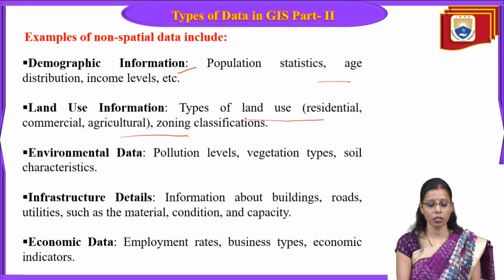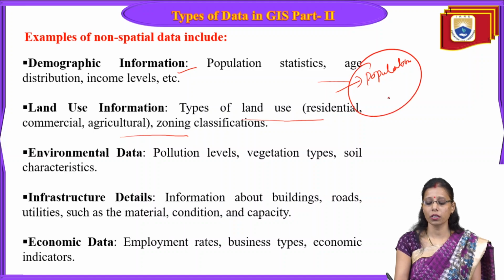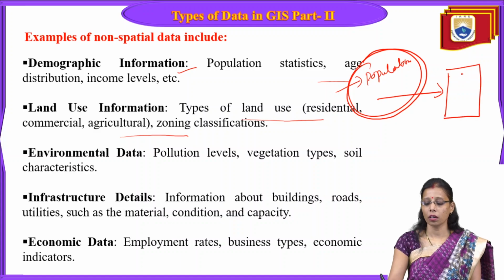So when we talk about demographic, demographic is about the population. In an area, if you want to show the population, what will be the spatial data? Spatial data will be this boundary we will draw, wherever the area is located, and we assign the information as how much population, total population.